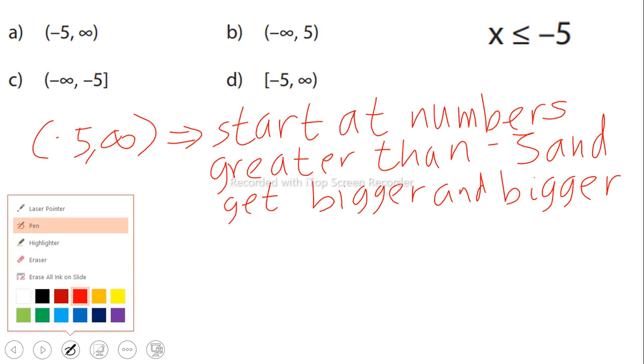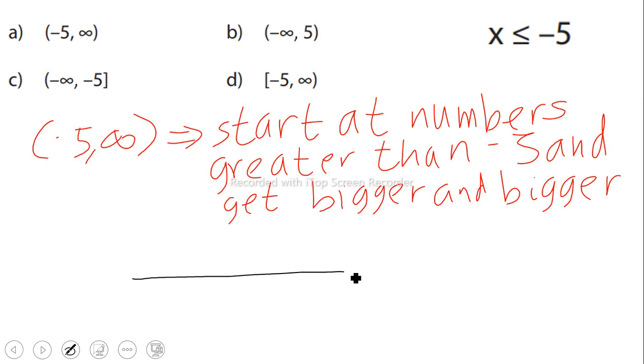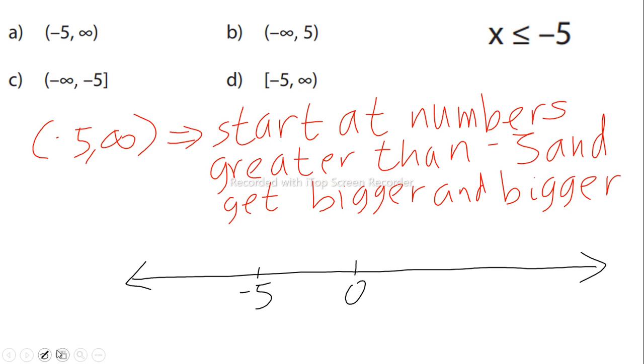So how would we graph that? How would we draw that graphically? Well, we have the x-axis. We have 0. We have -5. And here they're telling us, hey, listen, do not include -5.